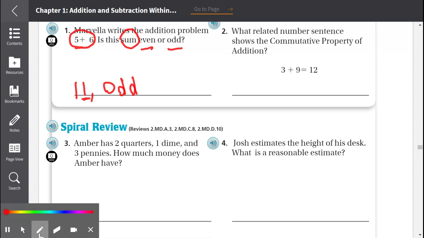Okay, let's look at number 2. What related number sentence shows the commutative property of addition? So we have to write a related number sentence that shows the commutative property of addition.